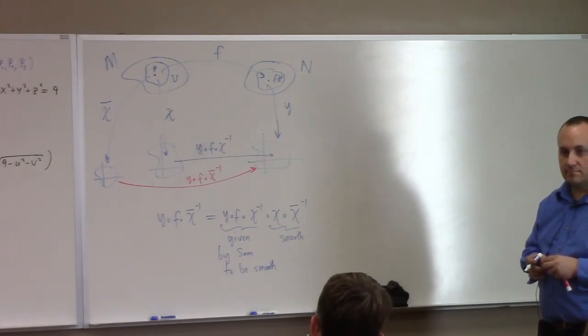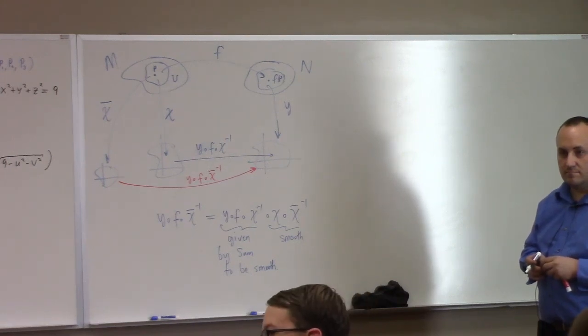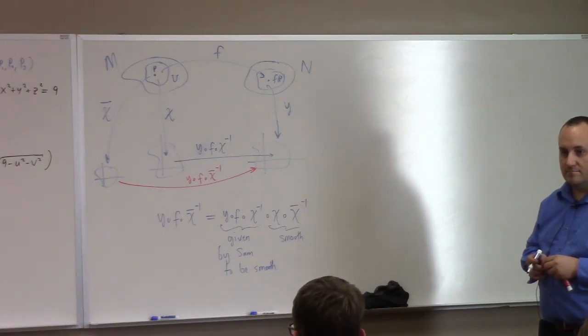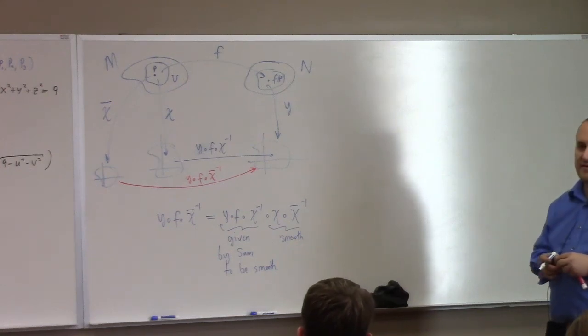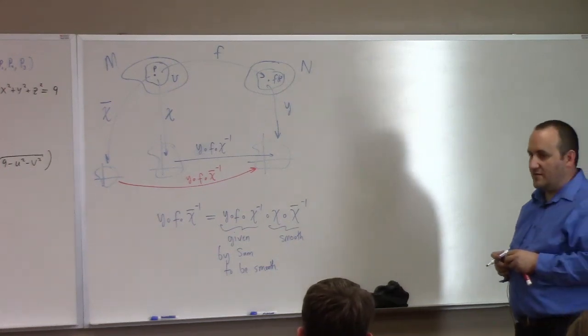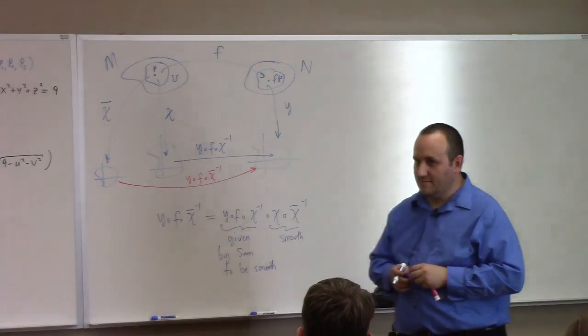Suppose F of U is in the subset of V. Yes, this has to be done with respect to the appropriate intersection of the chart domains.